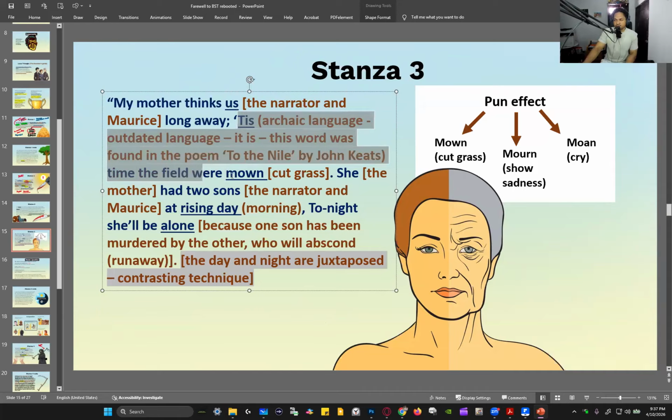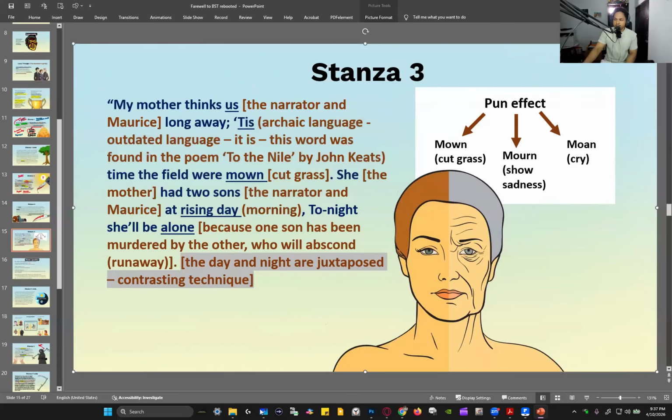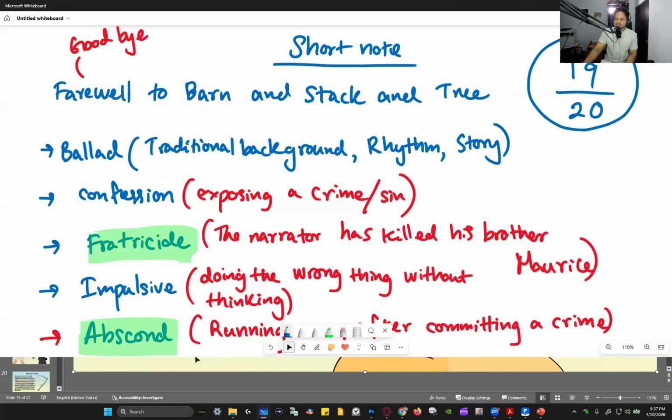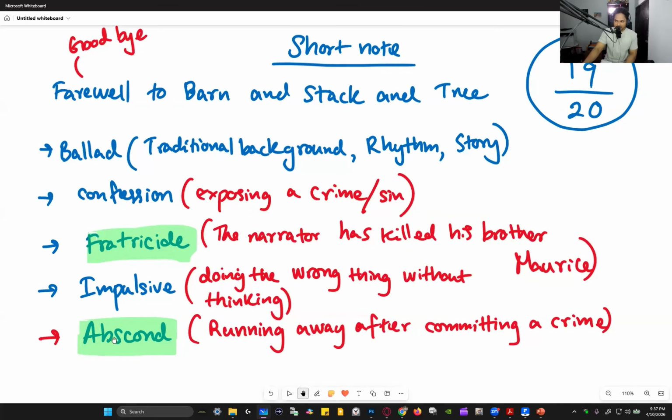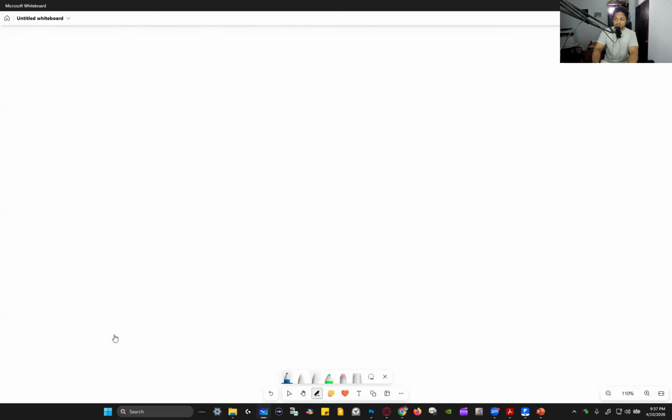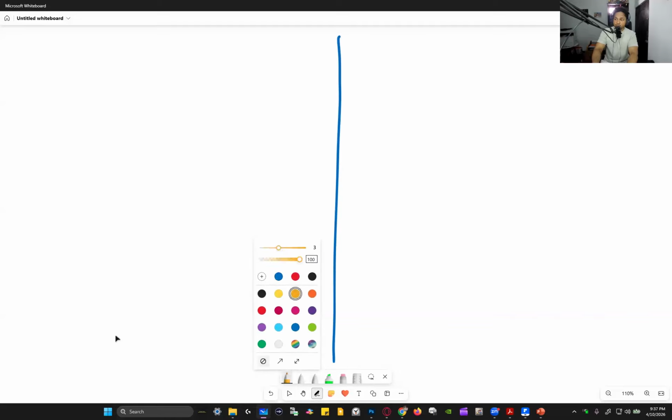'Tis time the field were mown. She had 2 sons at rising day. Tonight she'll be alone. I want you guys to focus on this line. She had 2 sons at rising day.